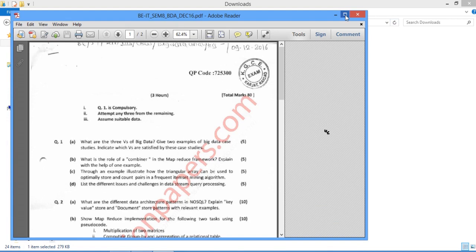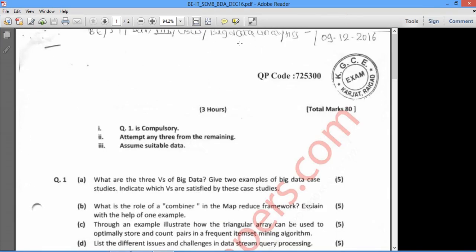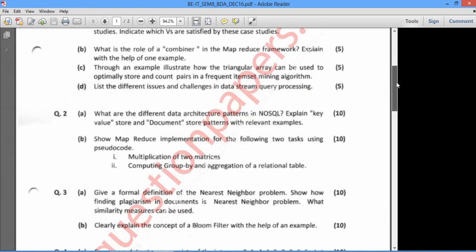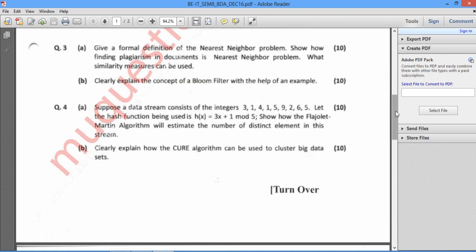Let me show you here. In the December 16 question paper, the FM algorithm was asked, and see the same question we have taken, that is 3 1 4 1 5 9 with 3x plus 1 mod 5. When you get a question like that, students, please first calculate yourself how many distinct elements there have to be, and approximately, if required, you should modify your trailing zero. Okay, this was about December 16.